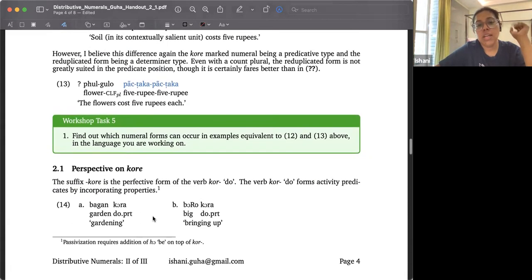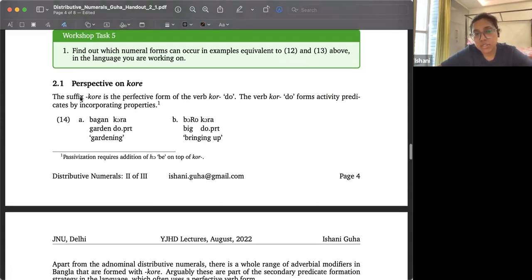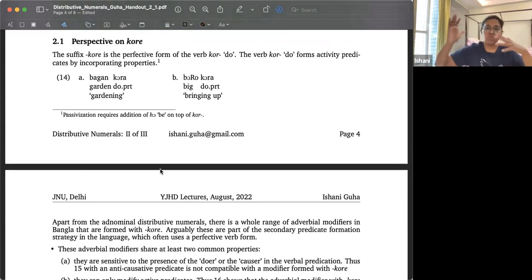Before moving on, what further puzzles me about reduplication? So what do I say in 2.1? Basically, what I told Aisha in the last class is that here we have core, which forms predicates incorporating properties, like nouns, adjectives, numerals.